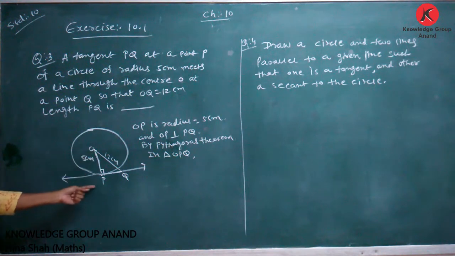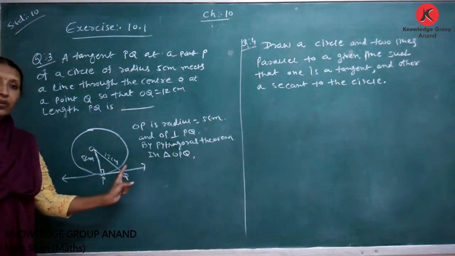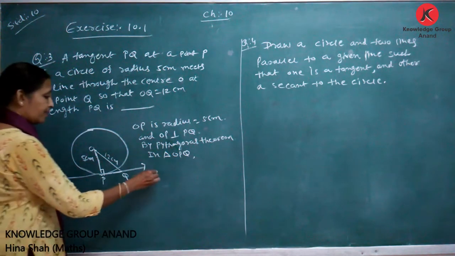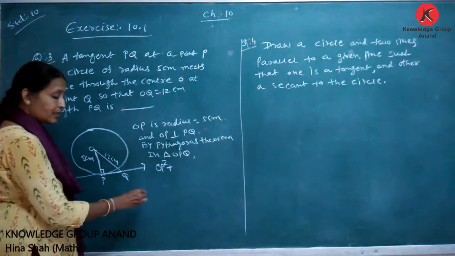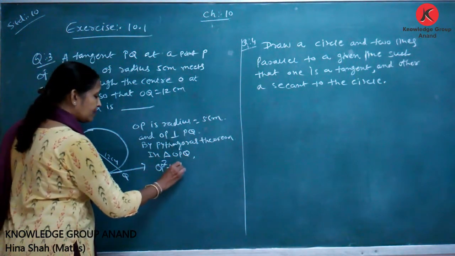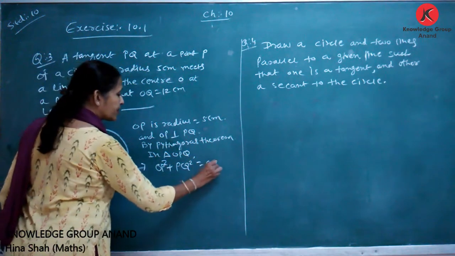Yes, OP square plus PQ square equals OQ square. Yes, correct. OP square plus PQ square is equal to OQ square.